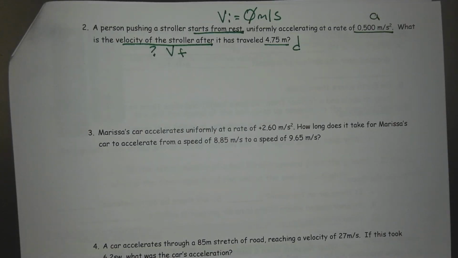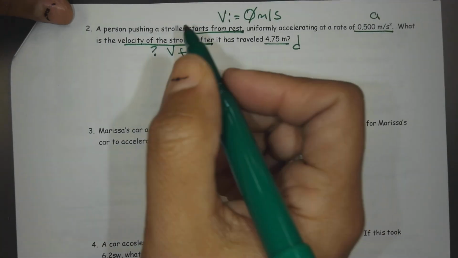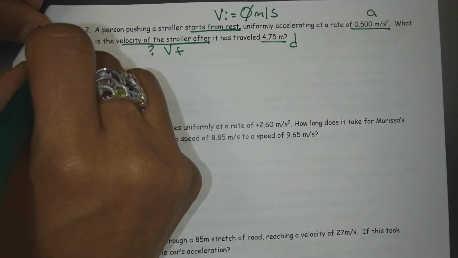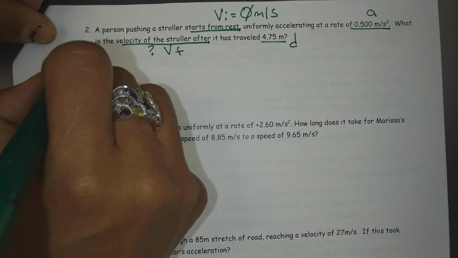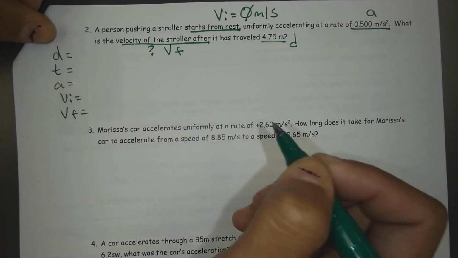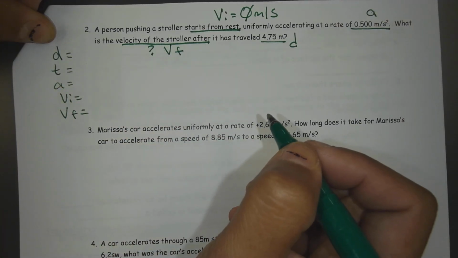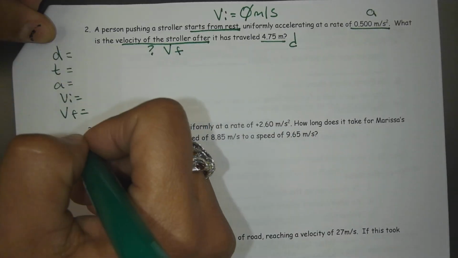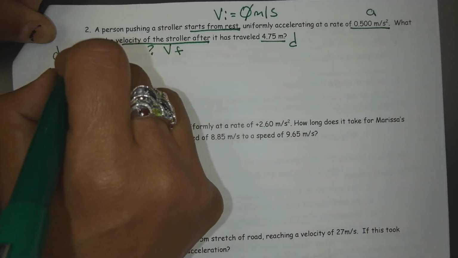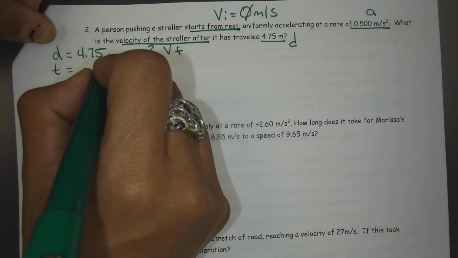Step number 1, before I do anything, I identify my variables and I'm going to list them. D, T, A, VI, VF. Those are my 5 variables for kinematics. I'm going to list them to help guide me on my flow chart. Distance is 4.75.